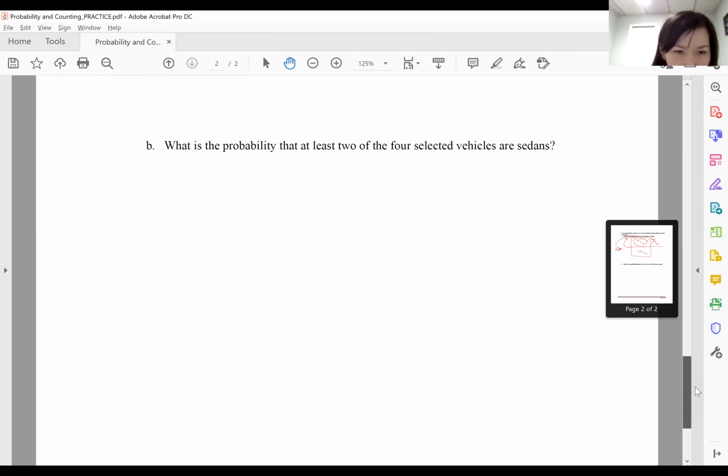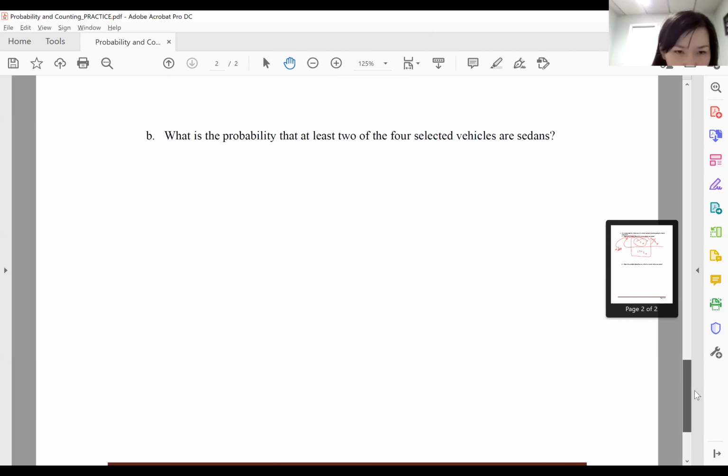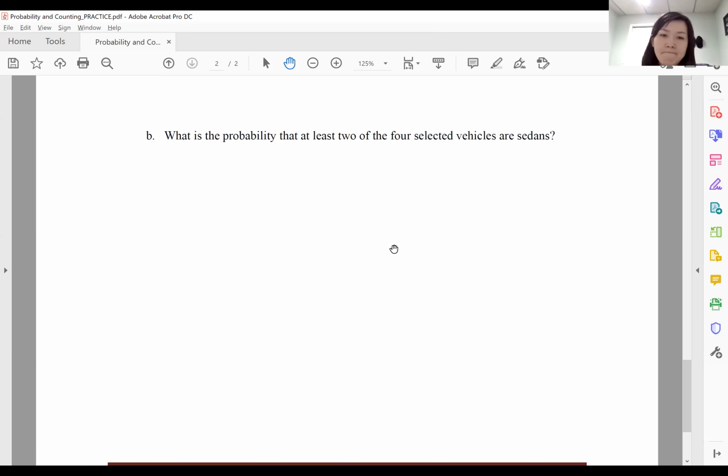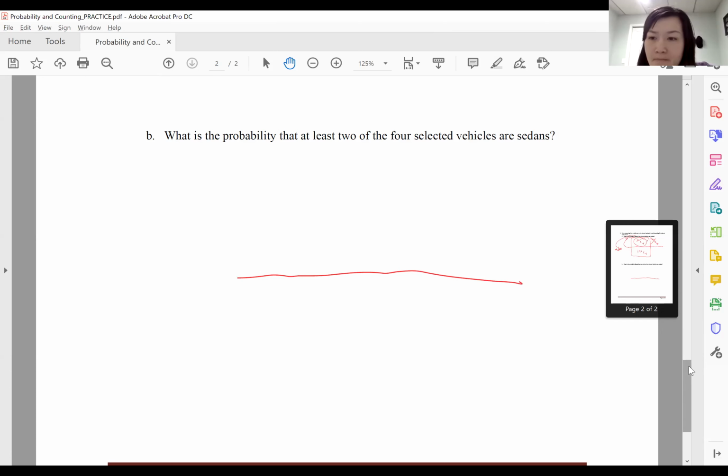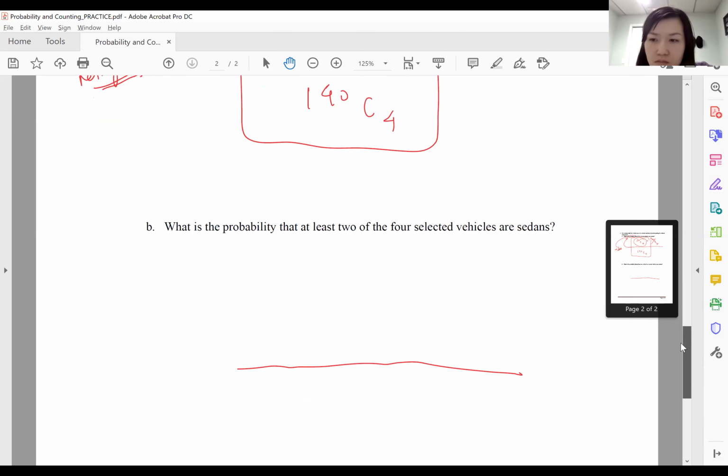Now, the last part of my day, I promise I won't torment you anymore. What's the probability that at least 2 of the 4 selected vehicles are sedans? First, let's talk about the denominator. Does anything change in my denominator from the previous problem?